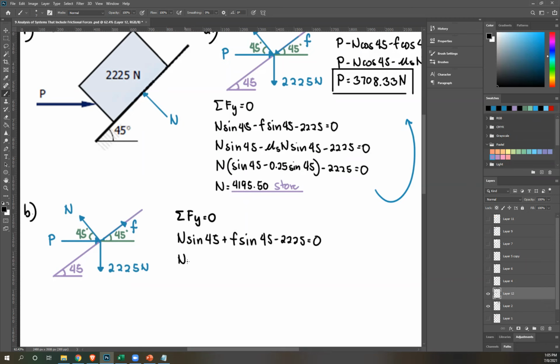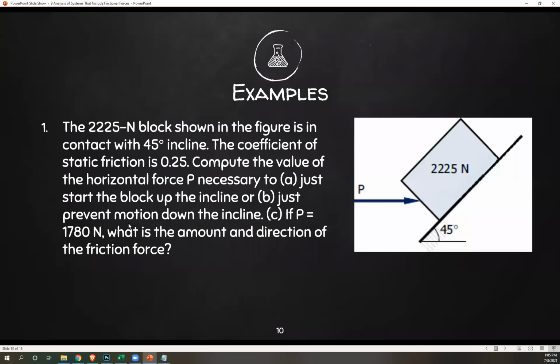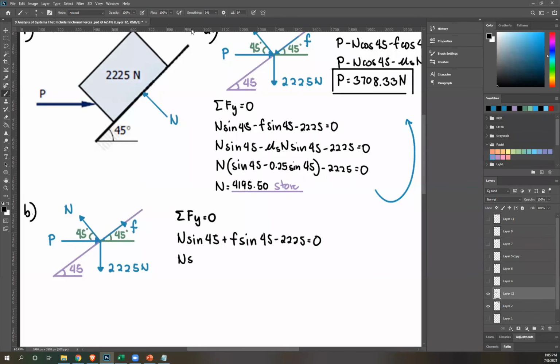Once again, F is mu n. It's still not moving, right? Preventing motion down the incline. So again, since it's preventing, it's not moving yet. So we're still using mu s.